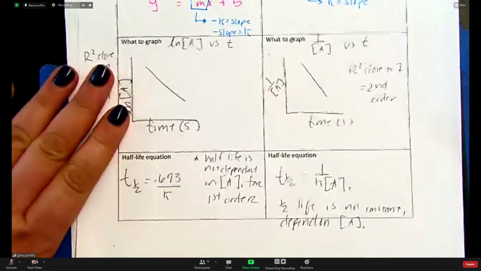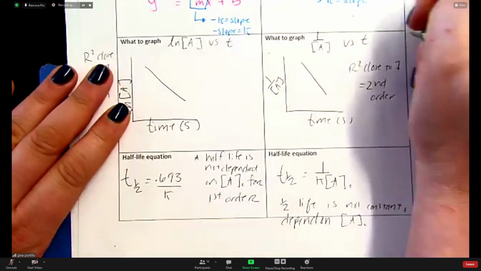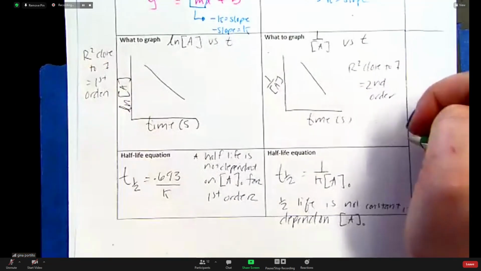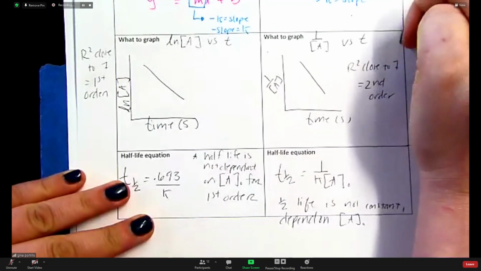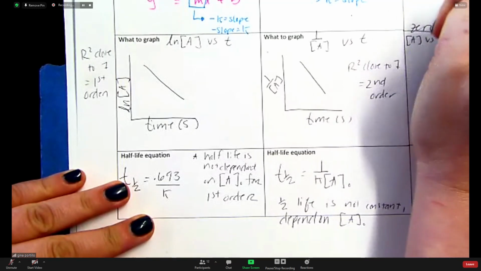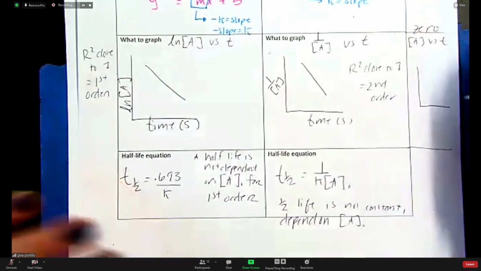And if it's zero order, it would just be your concentration and time and get a nice R squared.